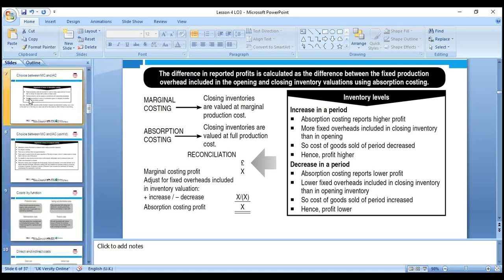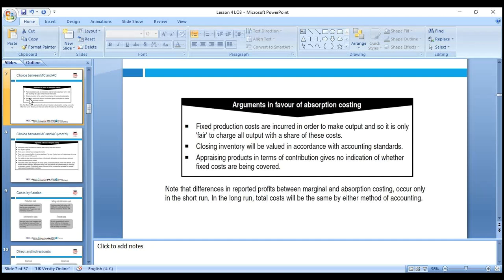Okay, guys, does anybody have any questions? Then we can discuss the difference and the reconciliation as well.